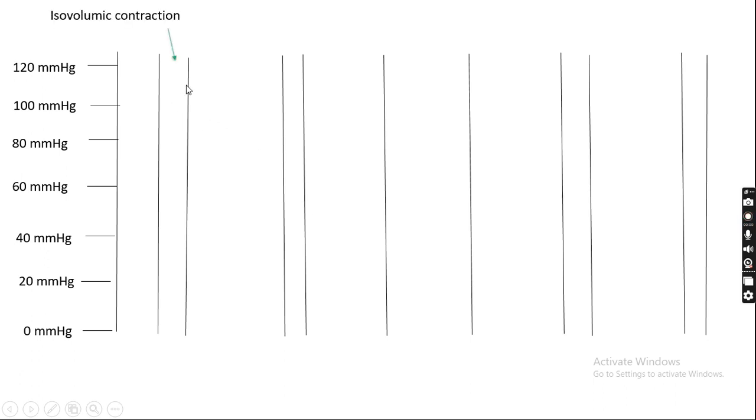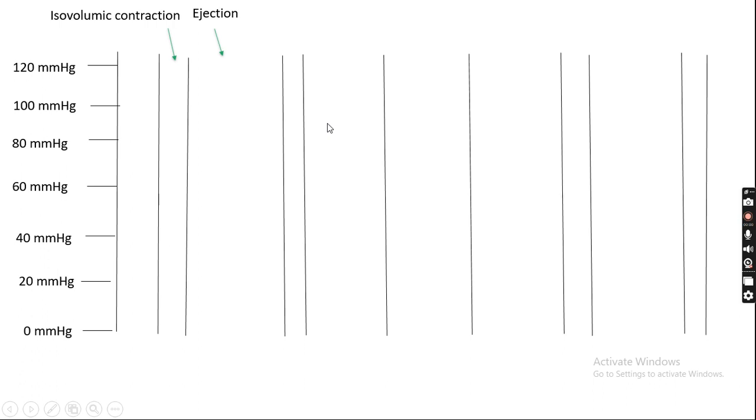The second and third line indicate the isovolumetric contraction phase. The gap between the third and fourth line indicates the ejection phase, which consists of rapid ejection and slow ejection. In this picture, we do not figure the protodiastolic phase.